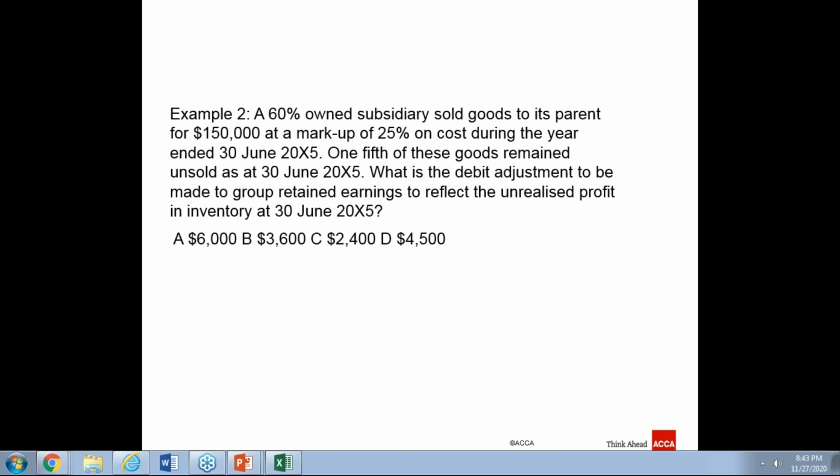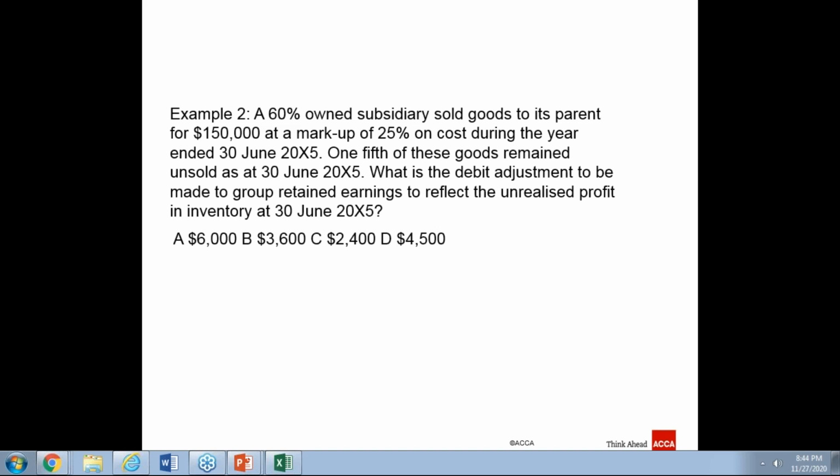How about this question? They acquired 60% of the subsidiary, which sold goods to the parent for 150,000, a markup of 25% on cost. During the year, 1/5 of these remained unsold. So 150 divided by 125 multiplied by 25, 30 is the amount of the profit, and the unsold stock is 1/5, 1 divided by 5, so it will be 6,000.